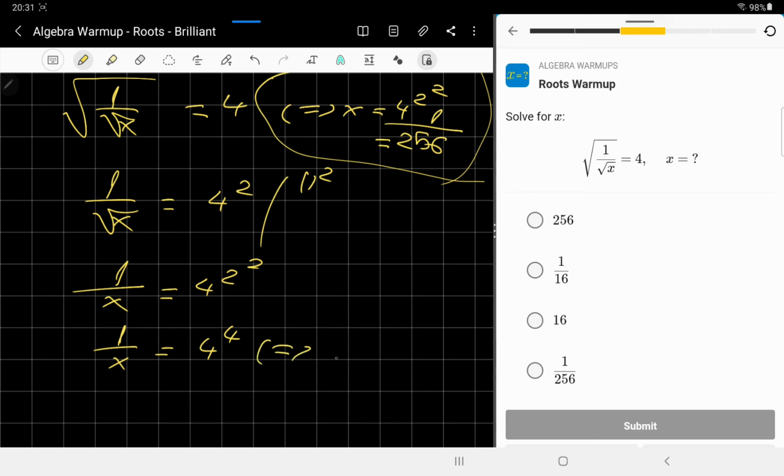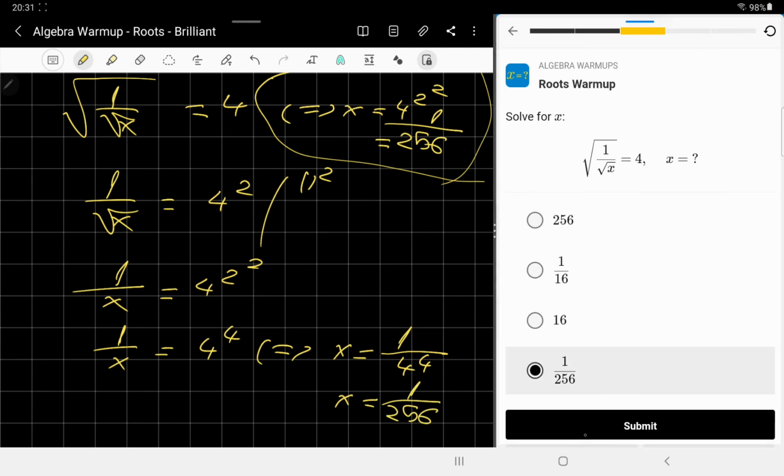Therefore, x equals 1 over 4 to the power of 4, which is 1 over 256.